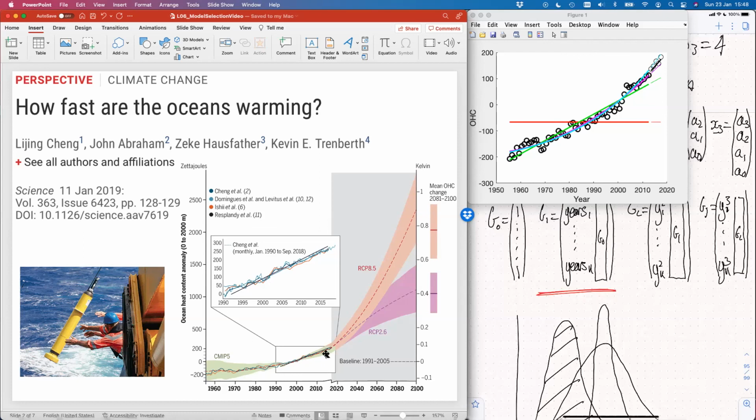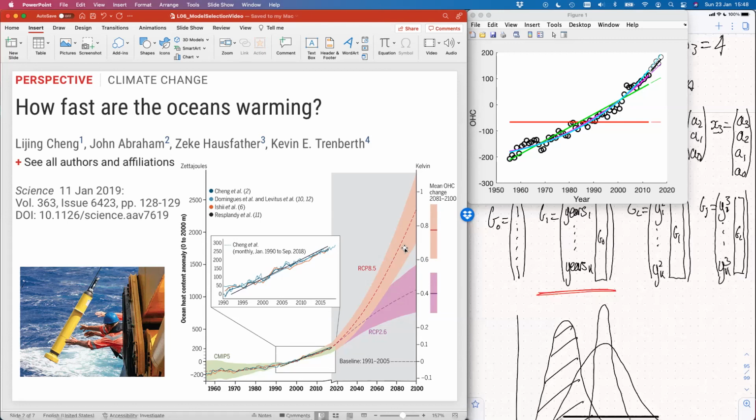Their idea was to fit models to this data and then extrapolate those into the future to make some statements about what we might expect to see in ocean heating and general climate change in the more distant future, up to say the year 2100. So they didn't use any form of model selection. They simply picked a few different models and derived predictions from those, which they plot on this graph here.